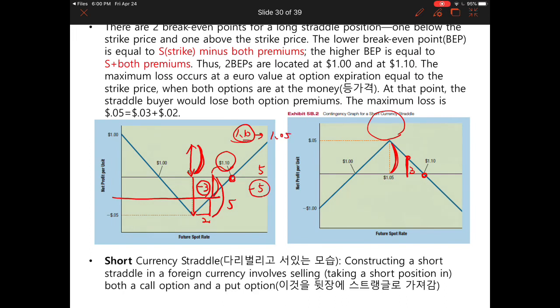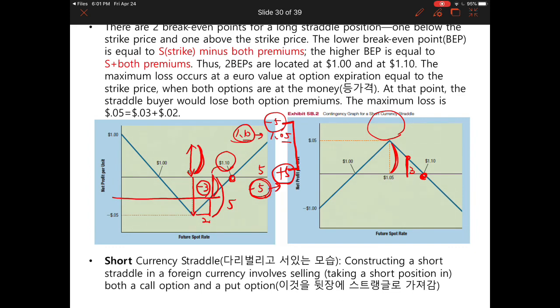So 10 and 5. He will lose 5 cents from that exercise by you. By the way, he earned the loss you made, the premium. That's the same 5 cents. That will be a plus to him. So adding up these two, he will end up at 0.